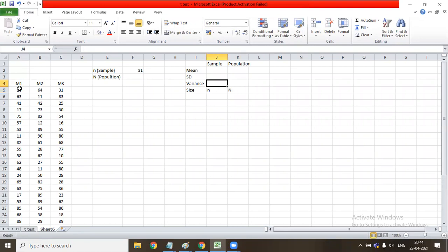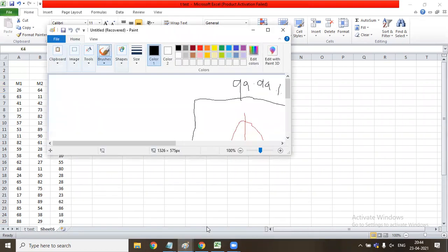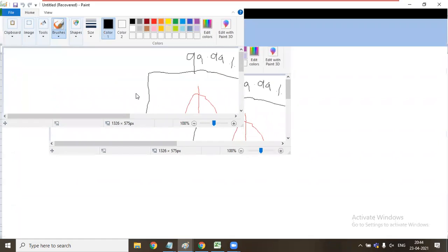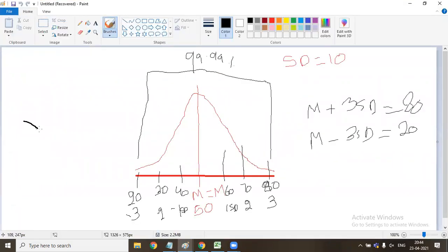Okay. Sample mean we call x bar. That is x and a sign over the top. Let me tell you. This is x and this kind of bar is known as sample mean.